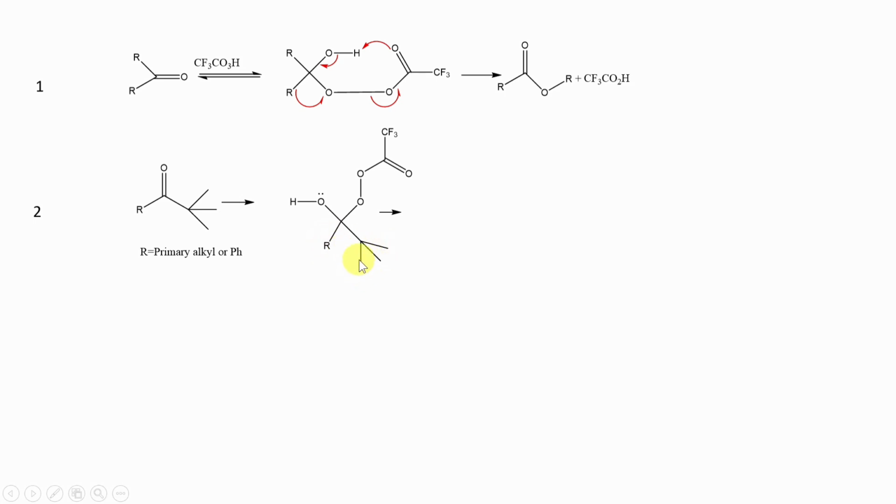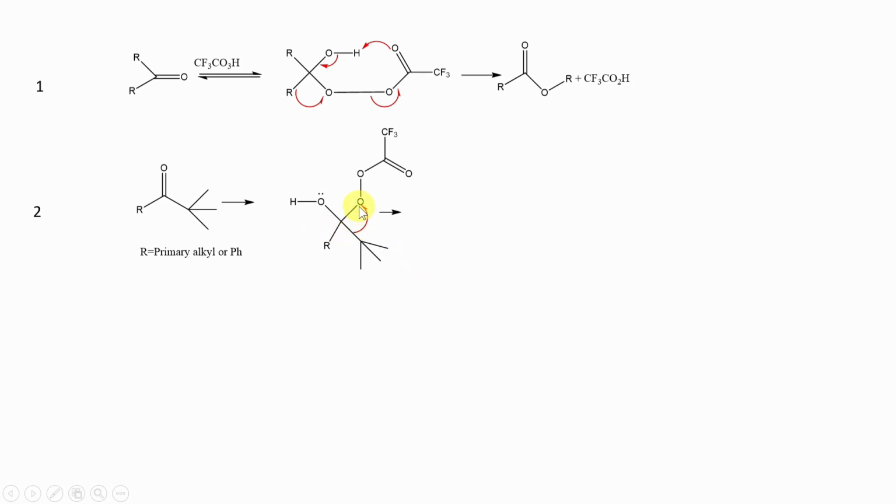In this case, R group is a primary alkyl group or a phenyl group, and this is the tertiary butyl group. Here, the migratory aptitude of the tertiary butyl group to this electron deficient oxygen is greater than that of the primary alkyl group or phenyl group. Thereby, this tertiary butyl group migrates from this position to oxygen. You can see the rearrangement reaction.